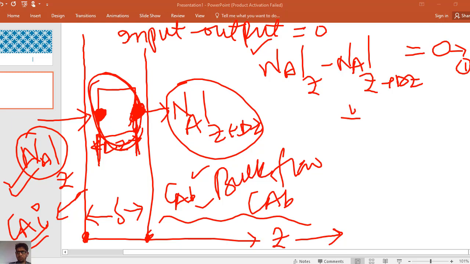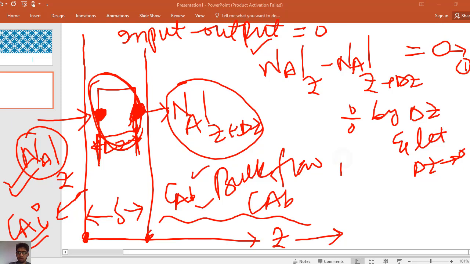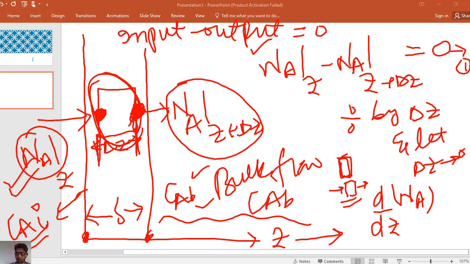Now divide equation 1 by delta z and let delta z tend to 0. Now decrease this delta z to very small, so it will give us the definition of the first order derivative, which will be equal to d by dz into NA, minus NA is equal to 0.